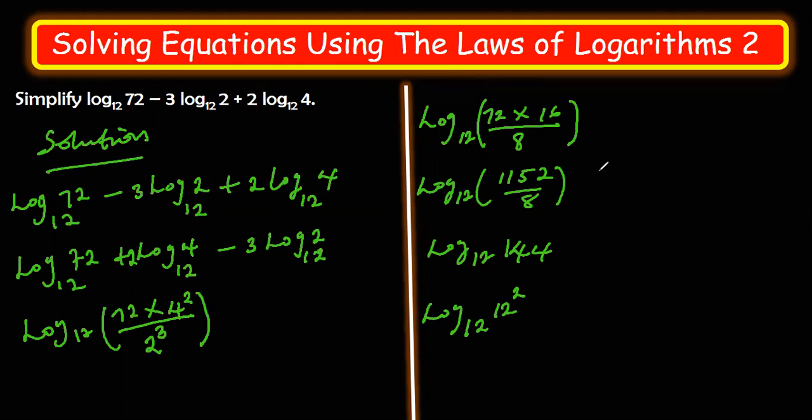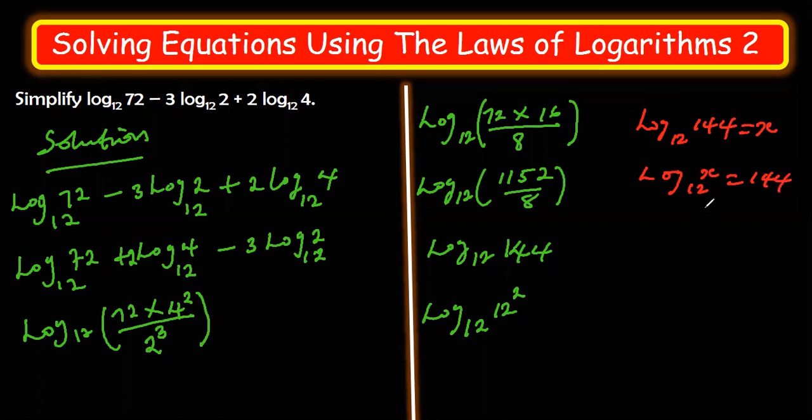But when you have a log like this in base 12 and then 144, we just equate it to x, and then when you do that, you are going to have 12 to the power of x equal to 144.